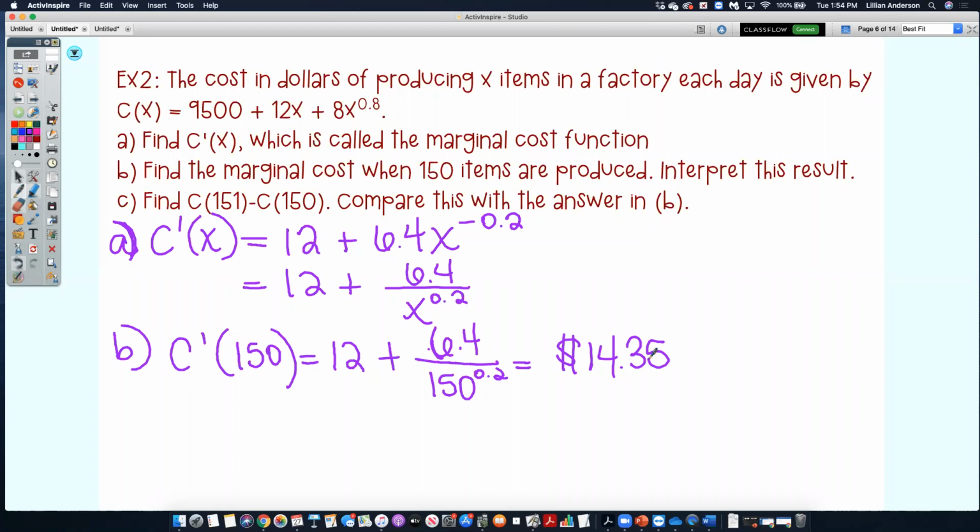It is the marginal cost, but remember, interpreting means we have to do it in context of the problem. Remember, we found the derivative. We plugged in that particular x value. It increased, okay, because it's positive, all right? So what's increasing?